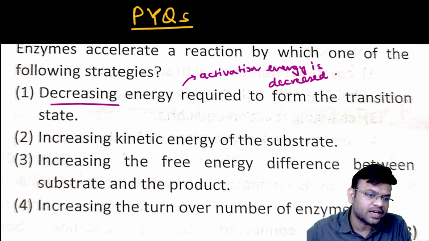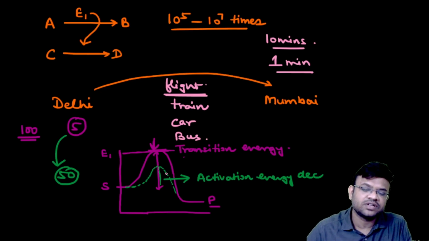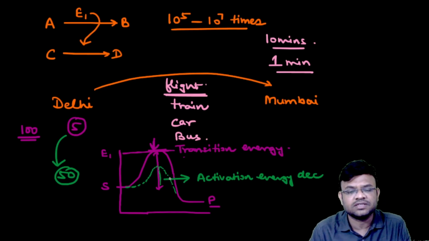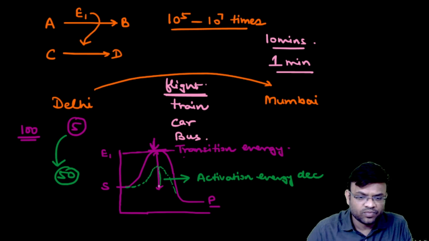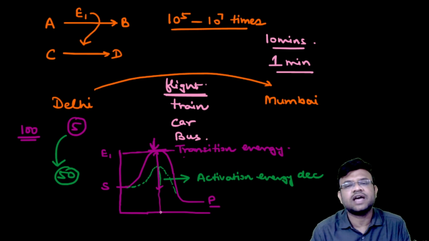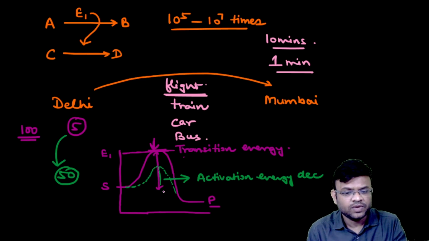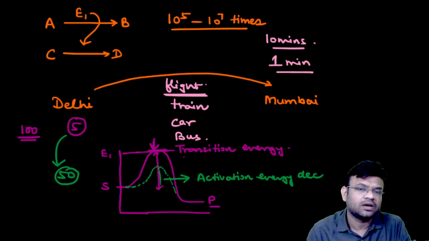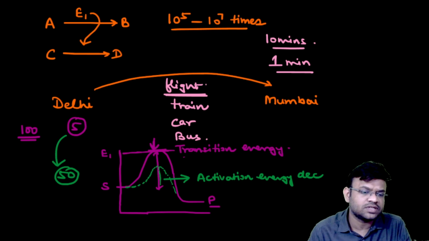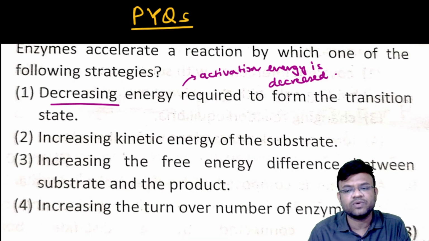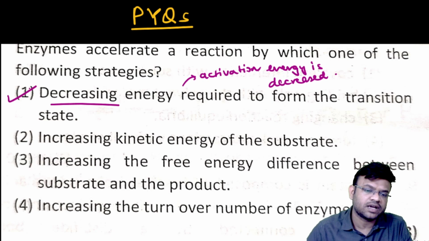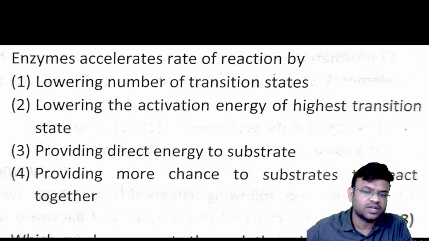If you remember the diagram that I had drawn, this is the activation energy that we have decreased. Previously the activation energy was this much, and now it has further decreased. That is why we are saying that the activation energy would decrease. So the correct answer is decreasing the energy required to form the transition state. The correct answer is the first. Now let us move on to the next question.